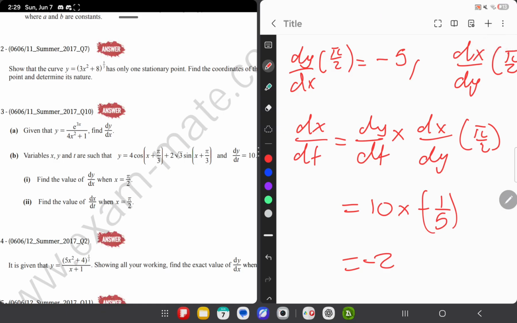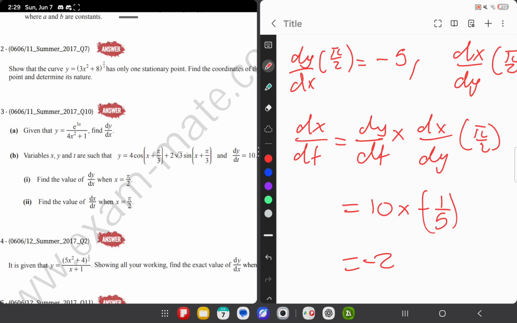Now we want to find how much x changes by when t changes, at pi over 2. We know y is a function of time and y is also a function of x. They are related. We want to have the best relation ever, so we relate them, obviously.